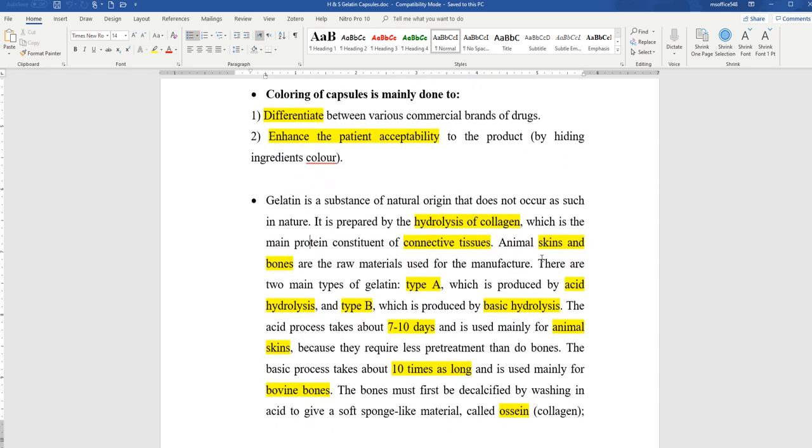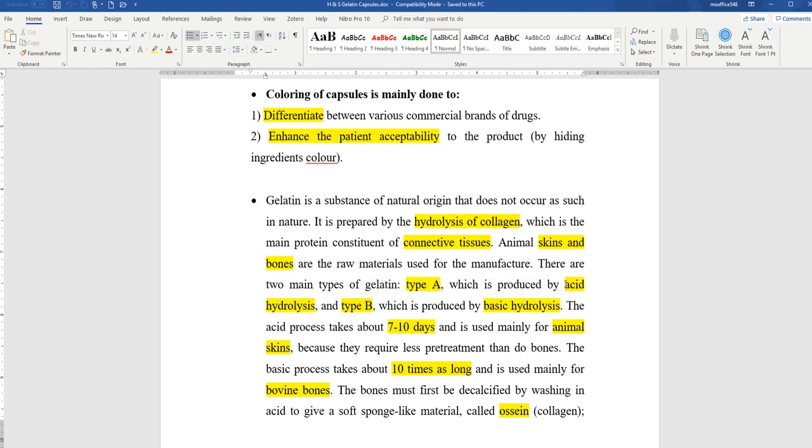Now we have two types of gelatin. One, we call it type A. Okay, and type A is produced by hydrolysis of collagen that comes from the skin. And we have type B. Of course A, look here, A is acid, B is base.